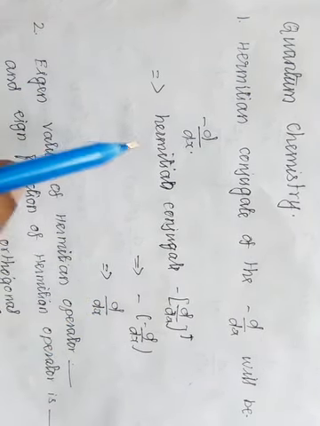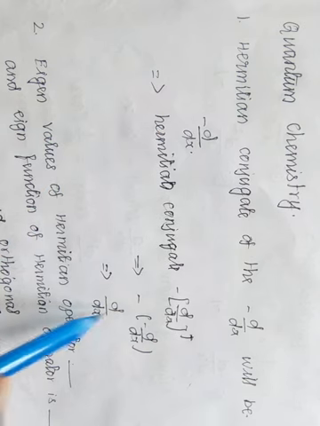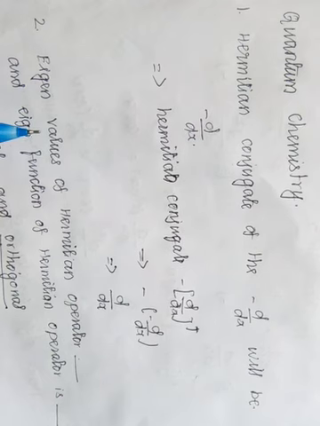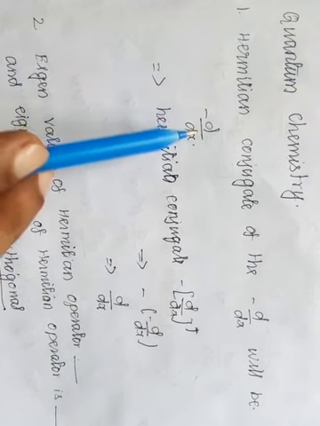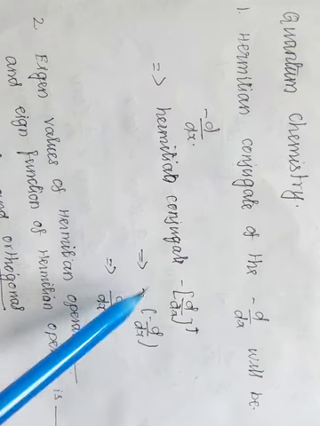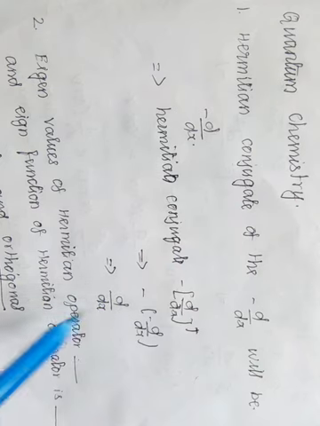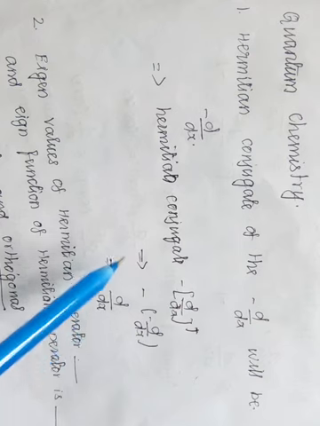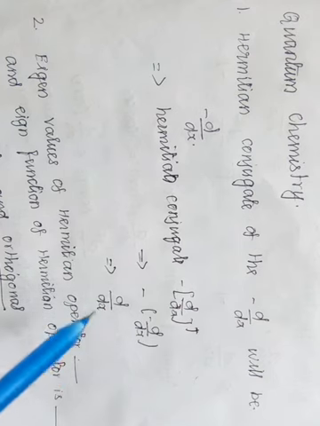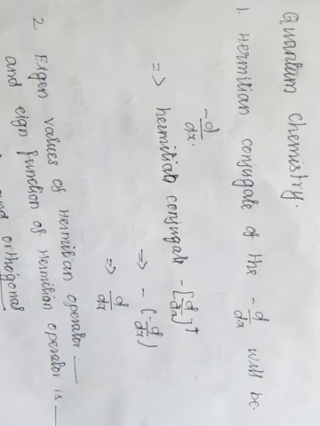For the Hermitian conjugate of minus d by dx will be plus d by dx. And at the same time the operator is minus d by dx and the Hermitian conjugate we have got is d by dx. So they are the same but opposite. So they are the anti-Hermitian properties.